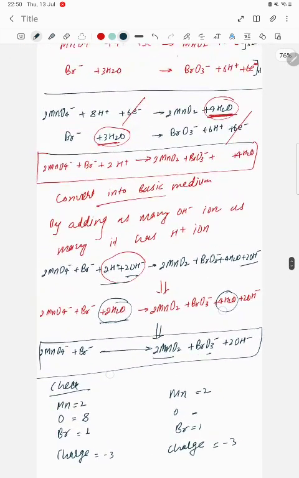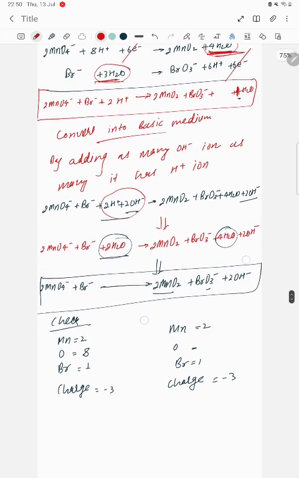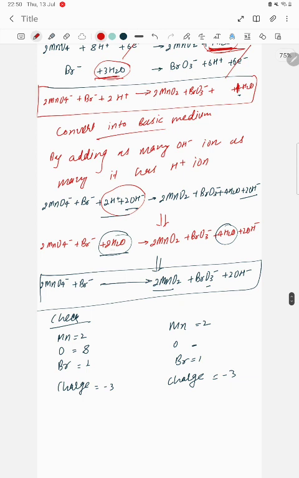Let us see where the mistake happened. Here how many H2O? It will be 1 H2O, because here 3 H2O and 4 H2O are common, so it will be left with 1 H2O. I am sorry, this is 1 H2O, right? Because 1 is left.